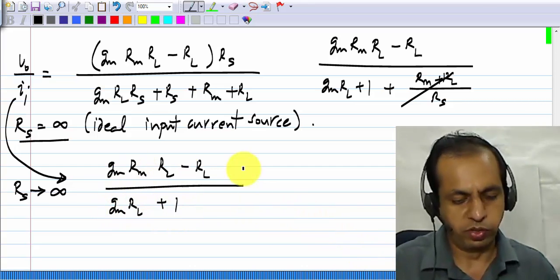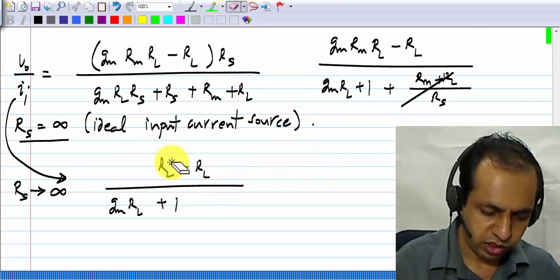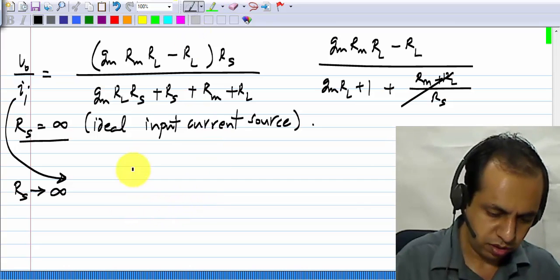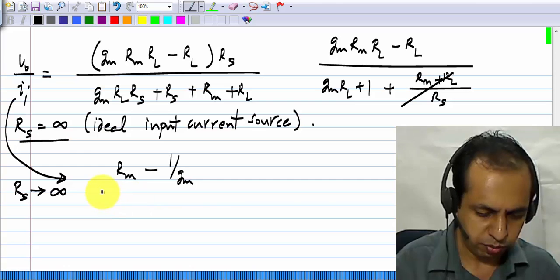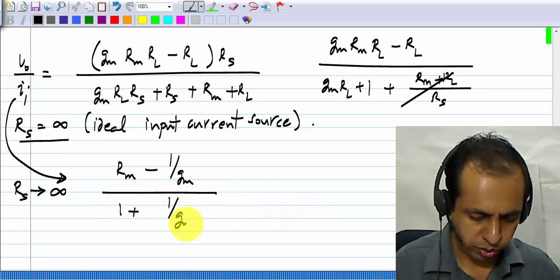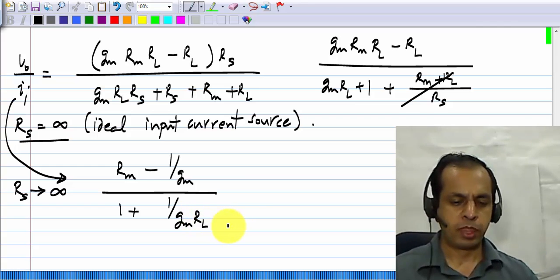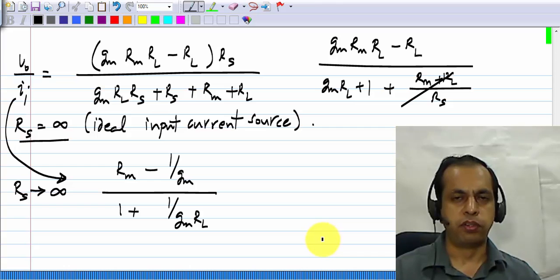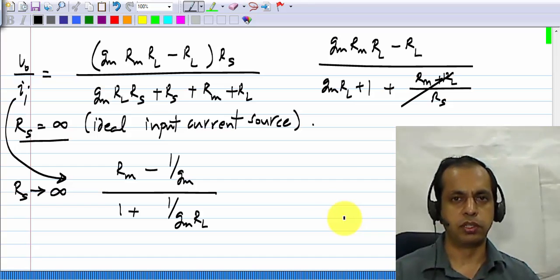What I'll do is I'll divide all the terms by Gm RL. So in that case, I'll get Rm minus 1 by Gm divided by 1 plus 1 by Gm RL. So this is the expression if Rs is infinity, that is if the current controlled voltage source is driven by an ideal current source.